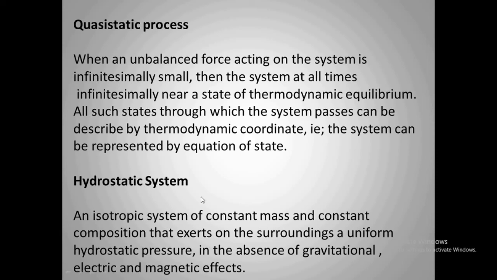What is a hydrostatic system? An isotropic system of constant mass and constant composition that exerts on the surroundings a uniform hydrostatic pressure, in the absence of gravitational, electric and magnetic effects. If there are no such effects, and a pressure is exerted by the system on the surroundings, then it is called a hydrostatic system.